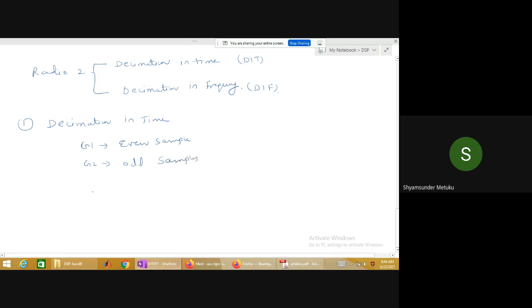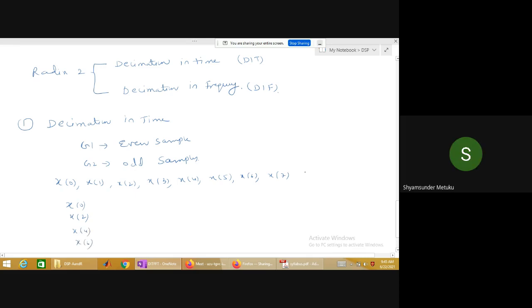So if I'm giving input x of 0, x of 1, x of 2, x of 3, x of 4, x of 5, x of 6, x of 7, with respect to the sample number, what are the even samples here? Even samples: 0, 2, 4, 6, right?